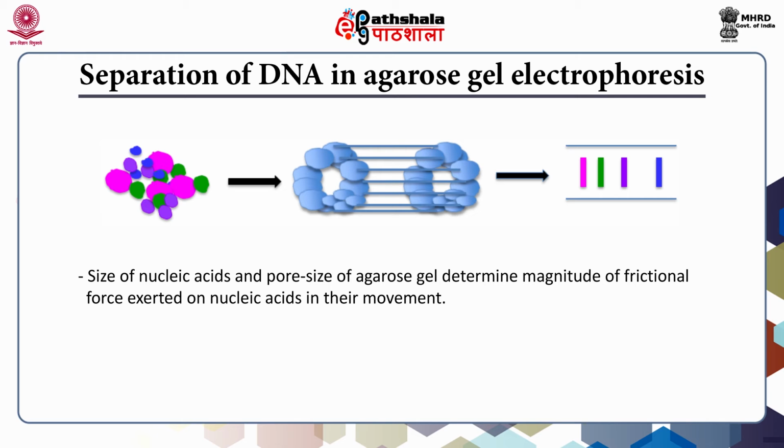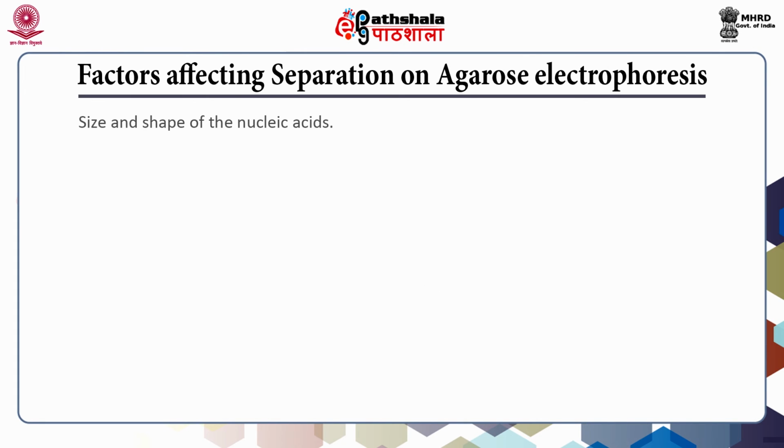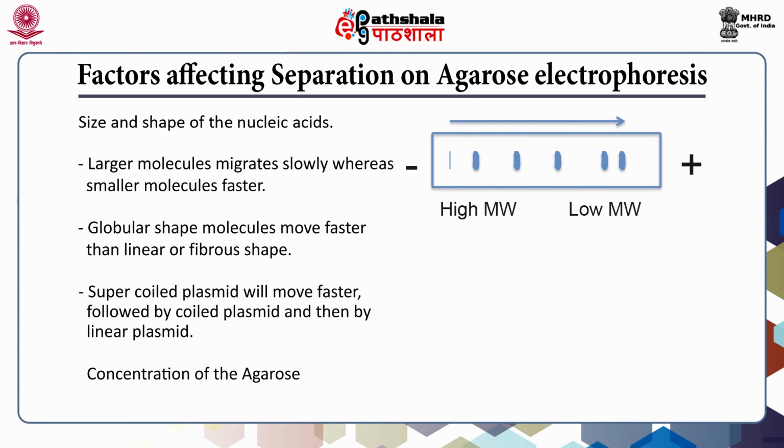Pore size of agarose gel is dependent on concentration of agarose. Size of nucleic acid should be such that these are able to enter pores of gel, and all components in the mixture should experience variable frictional force to allow their separation. Appropriate concentration of agarose is used for preparation of agarose gel.